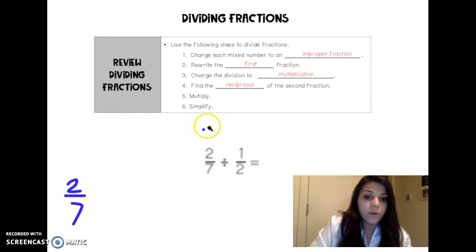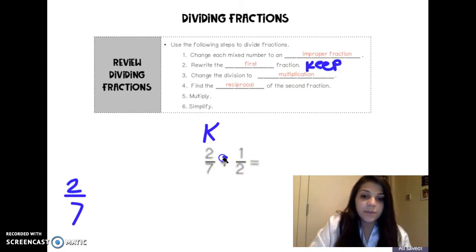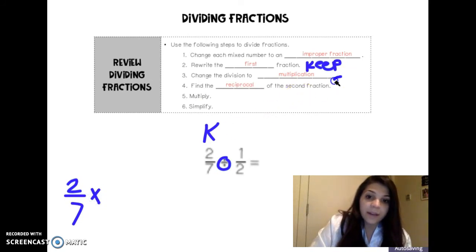This is also known as our keep or K part of the problem where we keep that first number or rewrite it. Okay? The second step is we have to change this division sign into a multiplication sign. So I will then label that next step our change or our C, and then go ahead and rewrite your problem below with that multiplication sign.